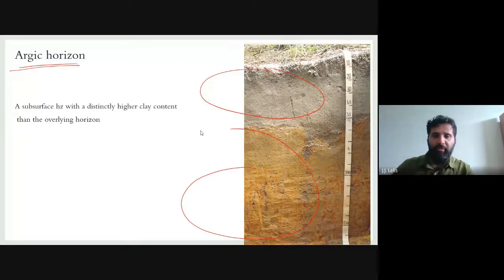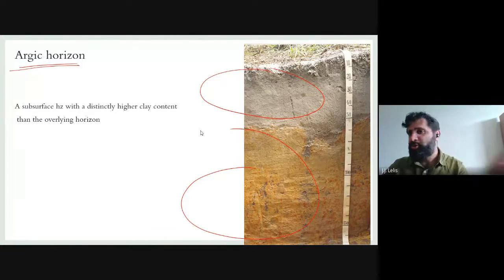They could present differences of physical and chemical soil properties. Okay, so that's why the argillic horizon is so important. It tells us a lot about how I could use the soil and how I shouldn't use the soil. Okay.